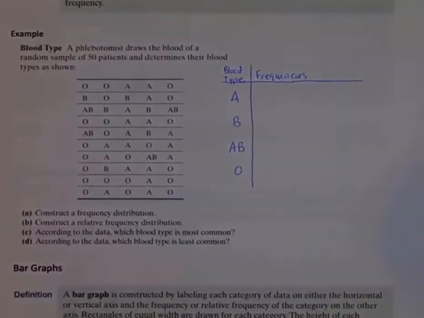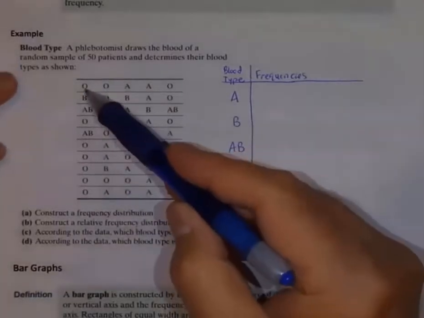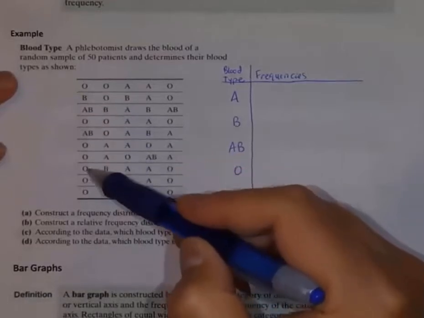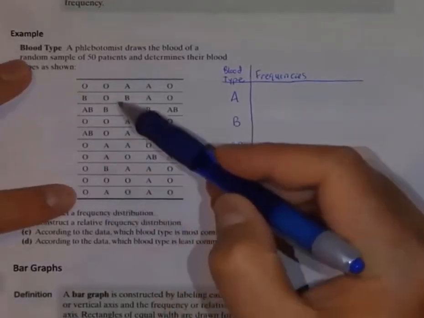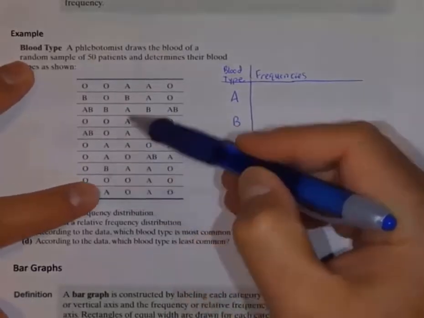Again, all frequency means is the count. In our sample of 50 individuals, how many had each blood type? So I just have to go through and count. If I go down this first column, there weren't any A's in that column. If I go down the second column, there's 1, 2, 3.